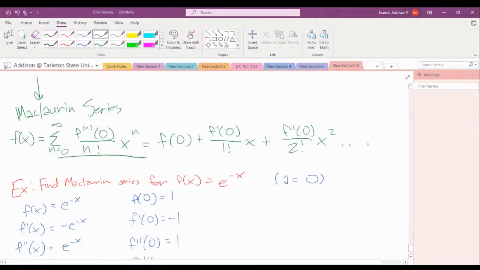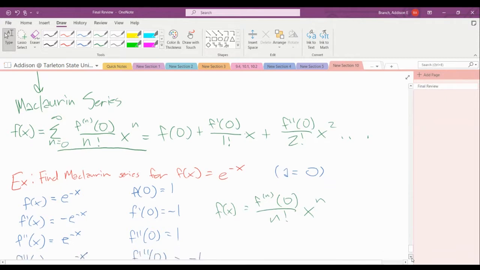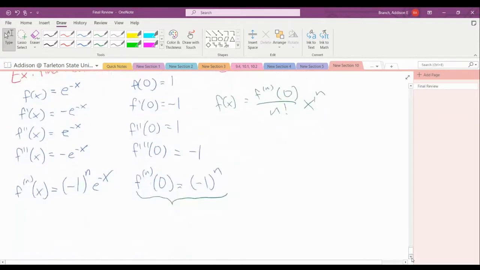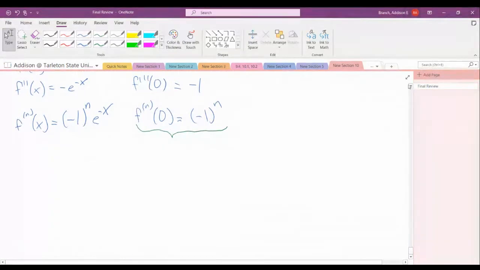Now that we have found our nth derivative of 0, we can plug that straight into that formula and say that f of x is equal to f n of 0 over n factorial x to the n. If we scroll back down.